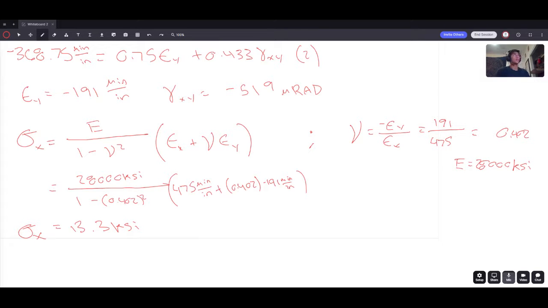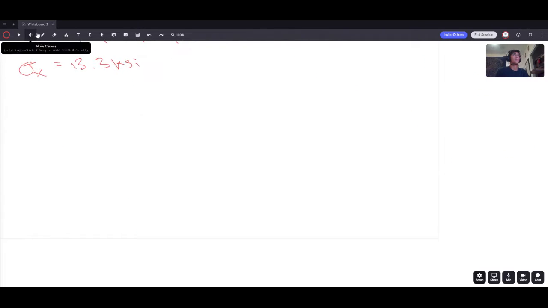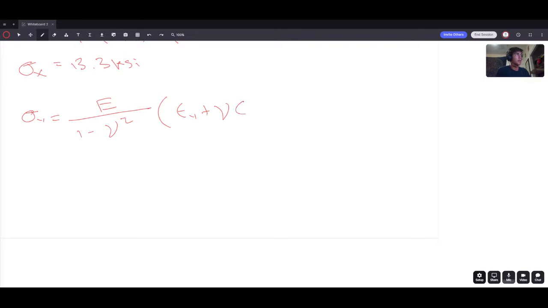And then for sigma y, the equation is modulus of elasticity over 1 minus Poisson's ratio squared, times epsilon y plus Poisson's ratio times epsilon x.